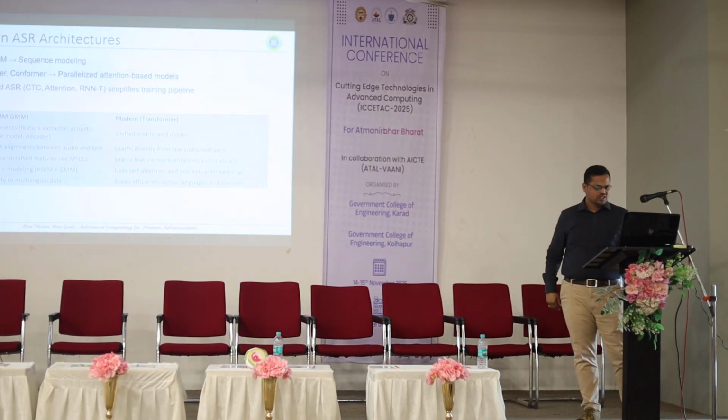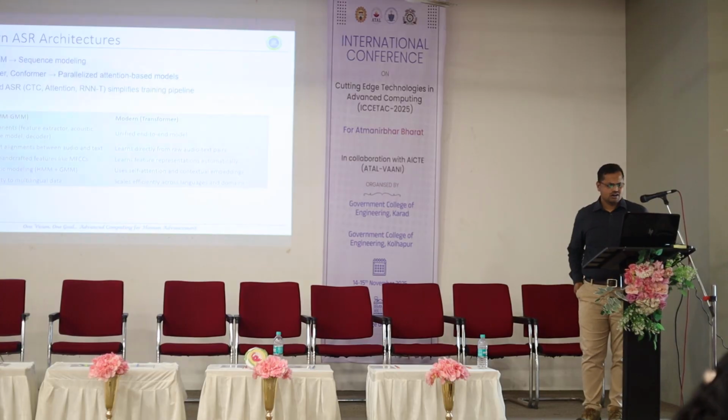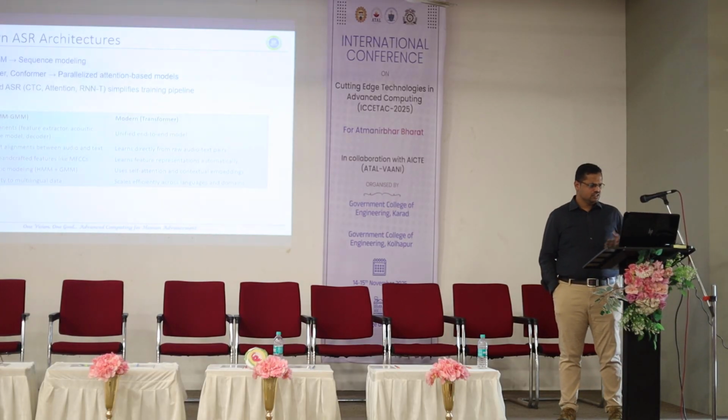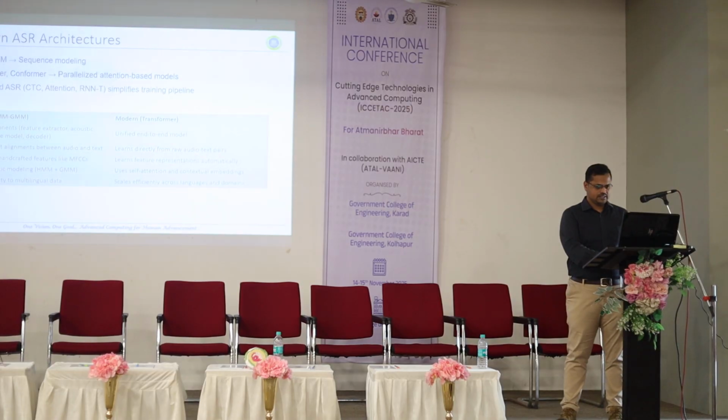And in modern architectures, parallelism is there. The traditional approach uses probabilistic modeling, and in the new transformer architecture, self-attention and contextual embedding are used. Modern architectures are very powerful in terms of accuracy.